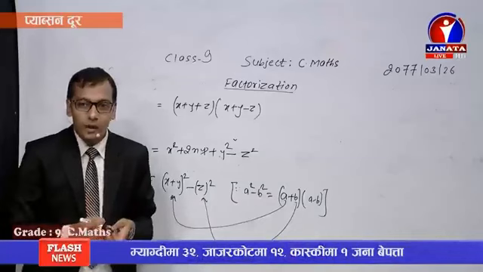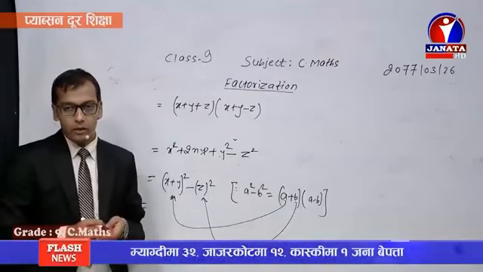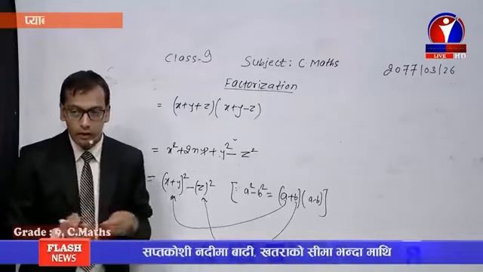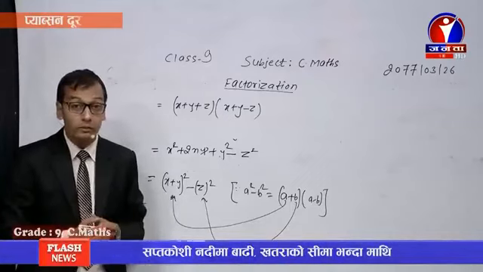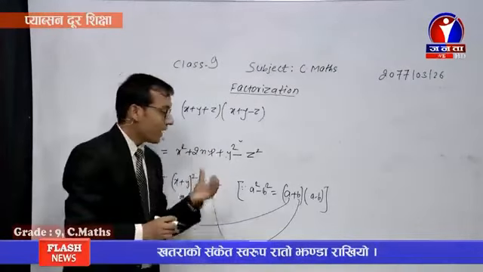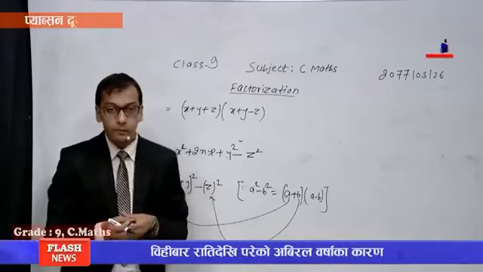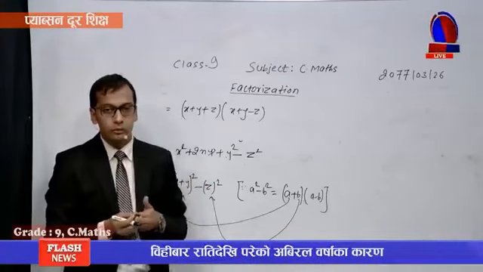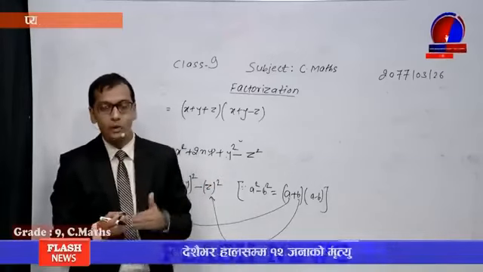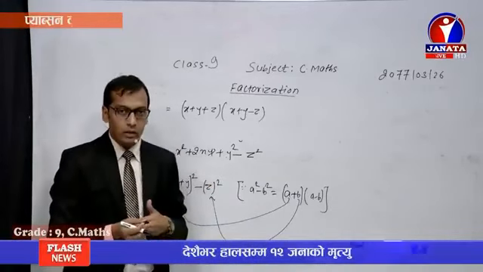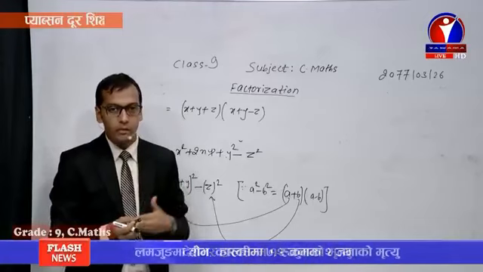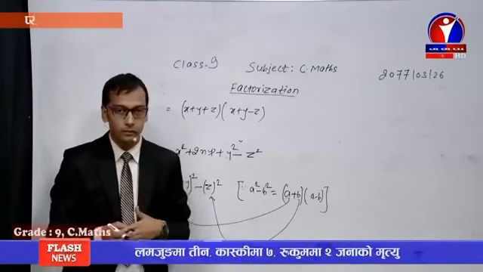These are some examples of factorization in the form of a square minus b square, where in some expressions we rearrange the terms and convert them into a plus b whole square form, and then again change into a square minus b square form for the factorization.